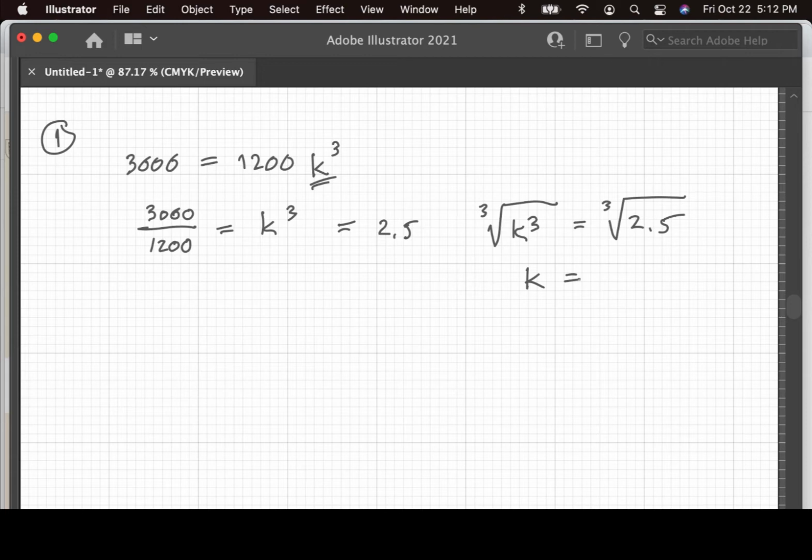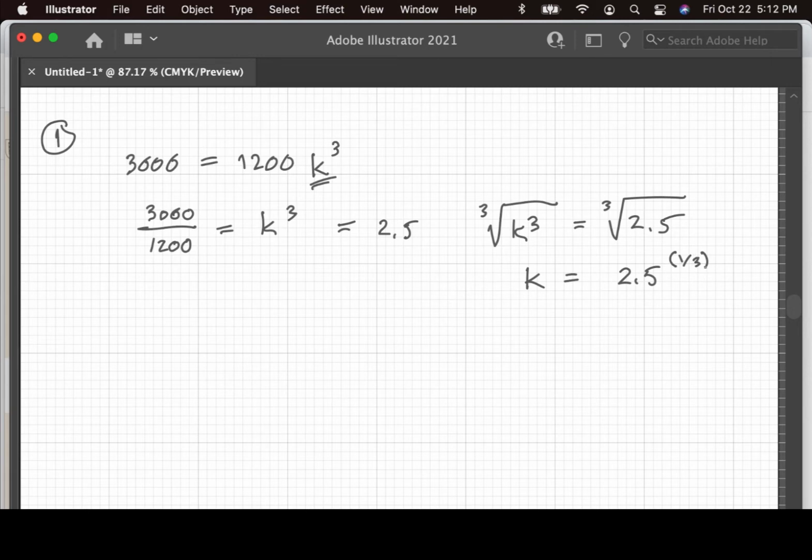And since I don't have that button on my calculator, I'll just recall that fractional powers are equivalent to roots. So this is the same as 2.5 to the 1/3 power.